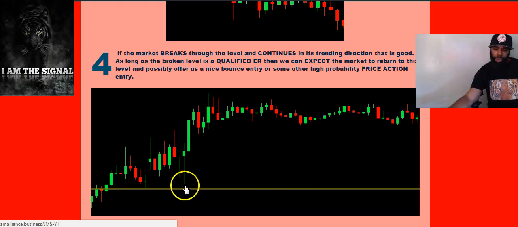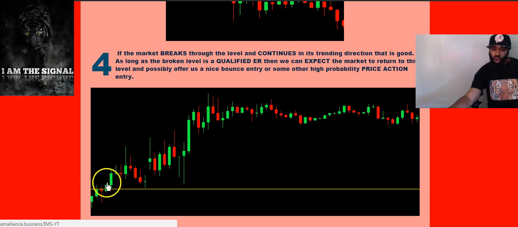So remember, we got this level when the market was going down, right? This used to be a resistance level that we extended out. Now the market is now going up, meeting this level again.